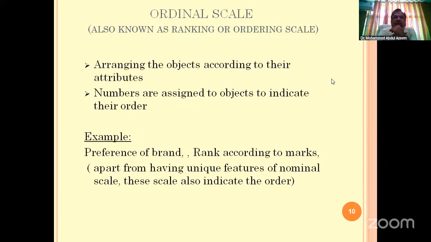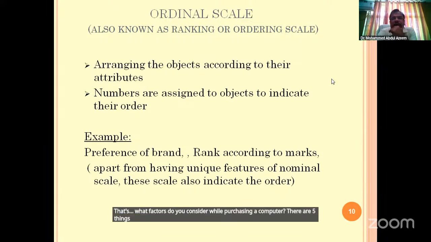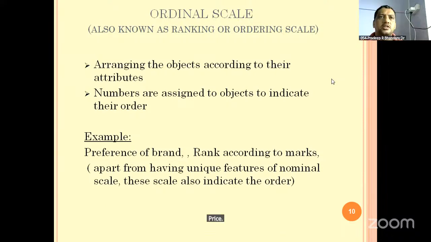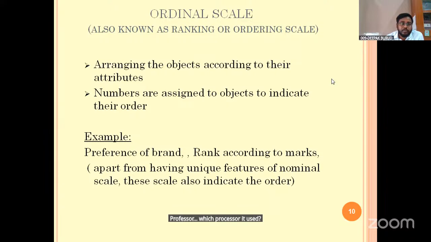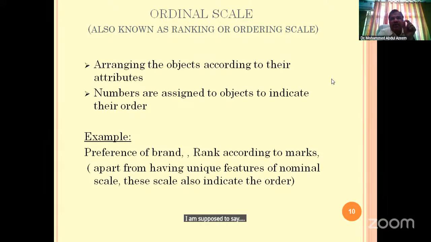What factors do you consider while purchasing a computer? There are 5 things: brand name, price, look, processor, service. We have to name the order of preference. I am supposed to say rank 1 for most preferred, followed by rank last for least preferred. Is it not?